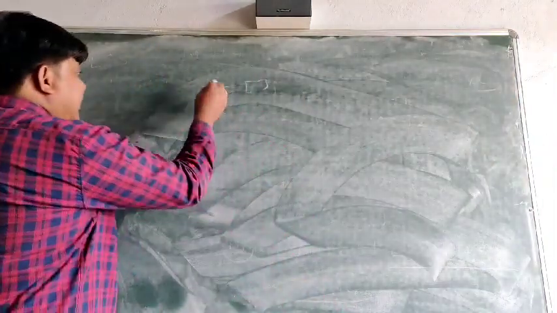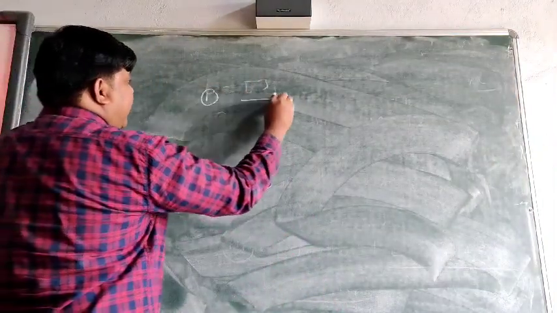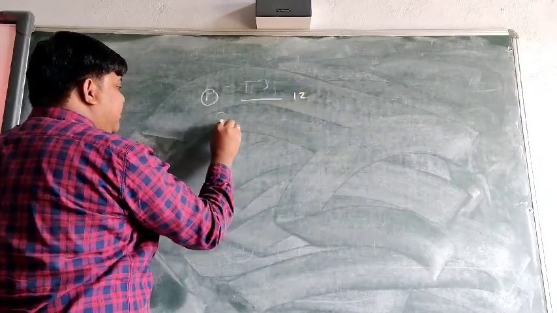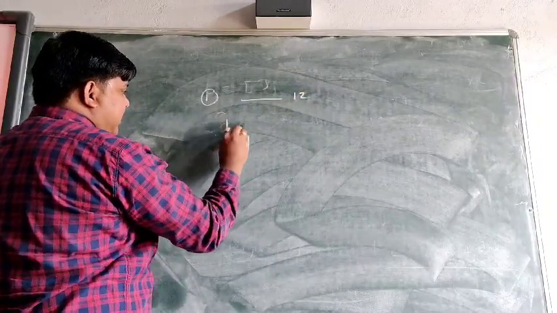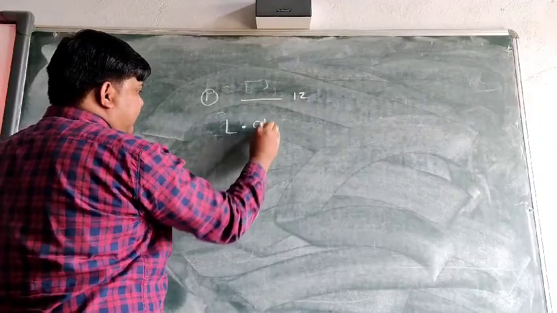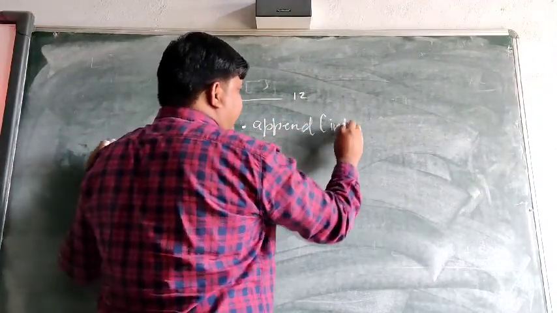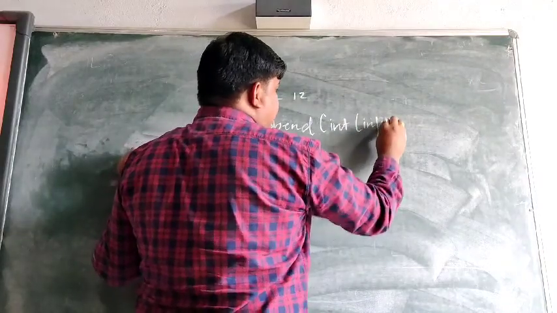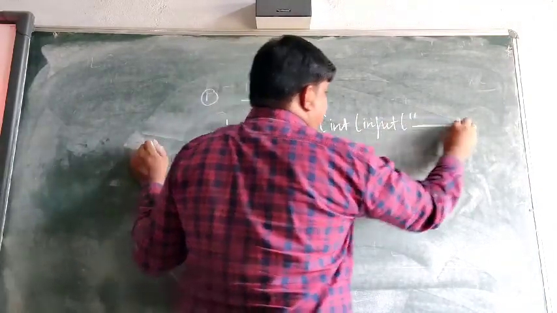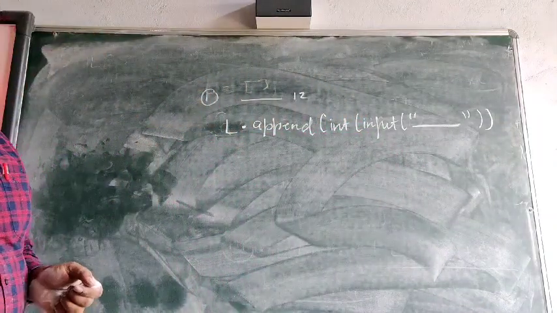Look here. The first way, the user may give 12 and you may add. So you will write here the list variable name dot append, and in the bracket give int input, and you may write here enter the number. Clear?